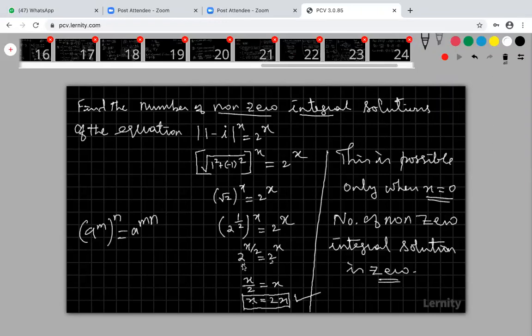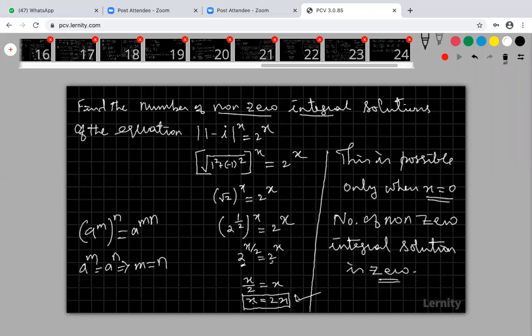Here also the base is the same. If a power m is equal to a power n, then m and n are equal. So 2 power x by 2 equals 2 power x, then x by 2 equals x. Simplify this and we get x is equal to 2x.